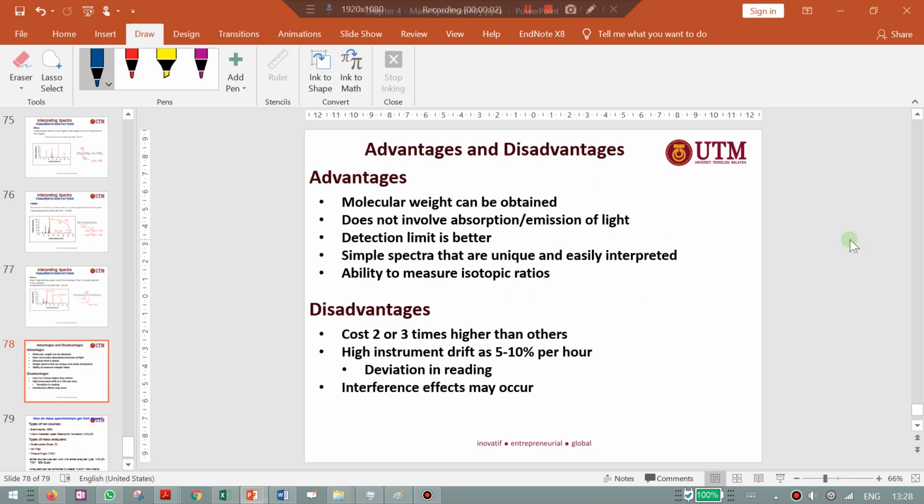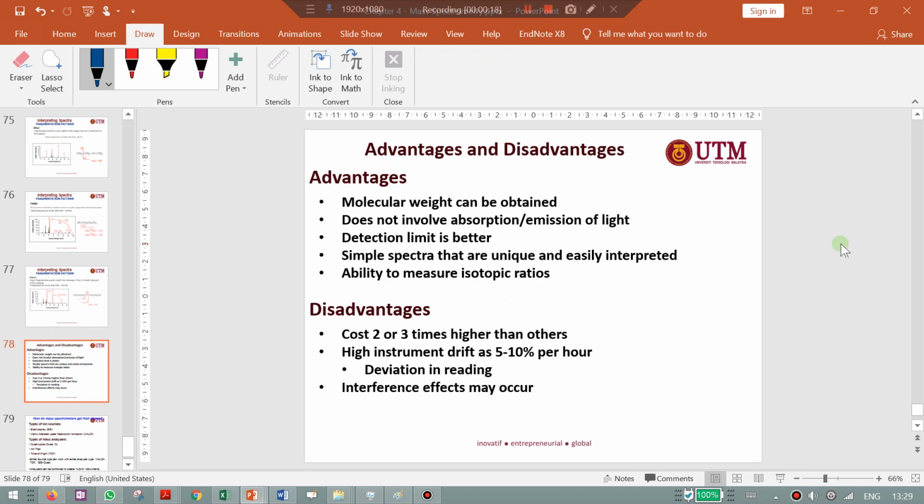Alright, we have done the fragmentation patterns. We will go into the advantages and disadvantages of mass spectrometry. The best thing about mass spectrometry is that you can obtain the molecular weight from the fragmentation pattern.